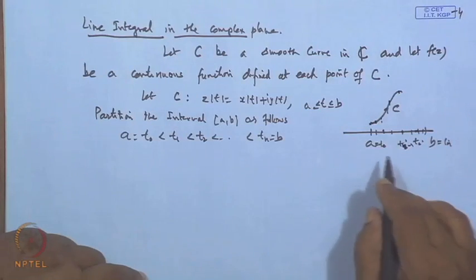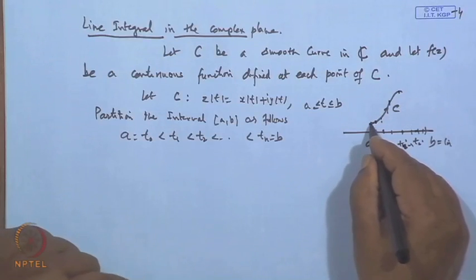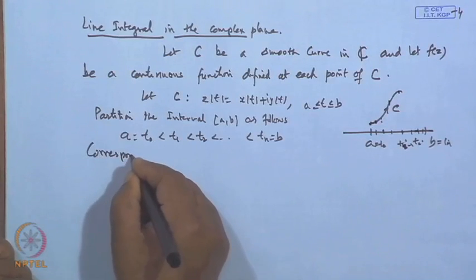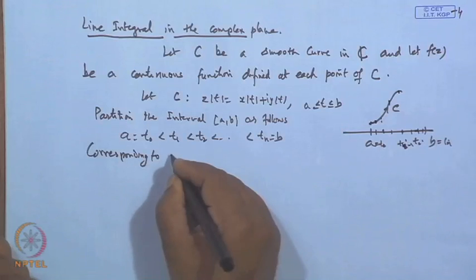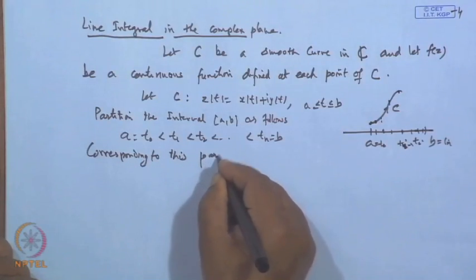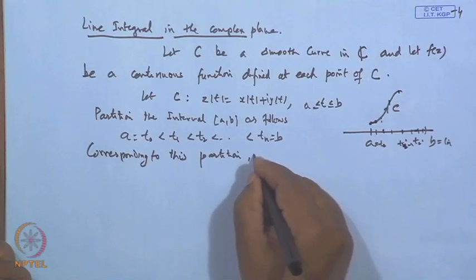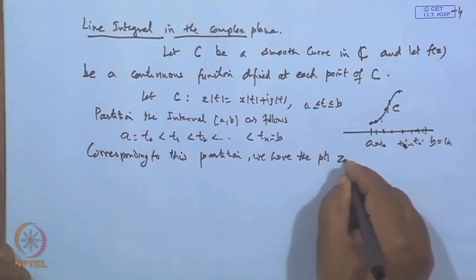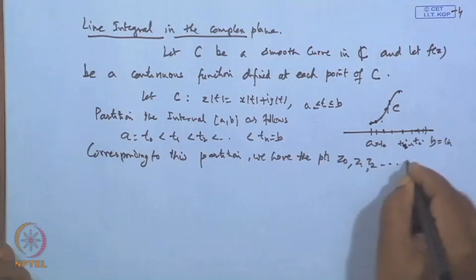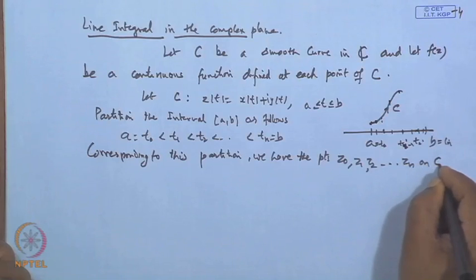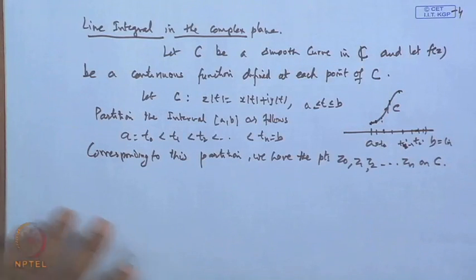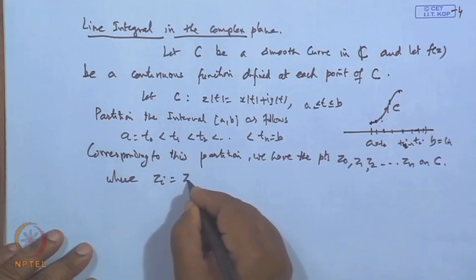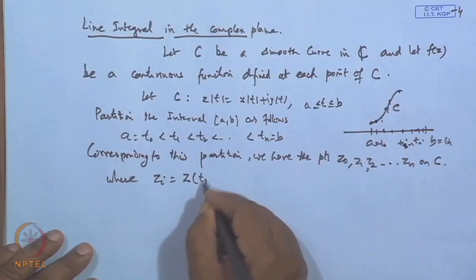So, corresponding to this partition, we have the points z₀, z₁, z₂, ..., zₙ on the curve C, where zᵢ means the value of z at the point tᵢ.